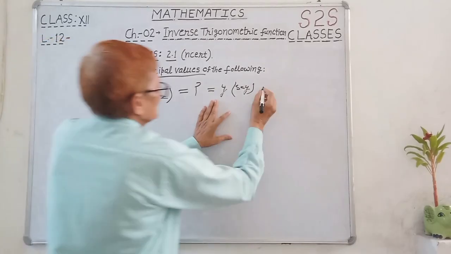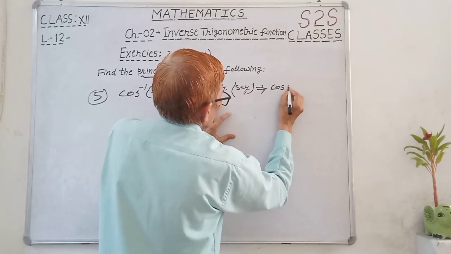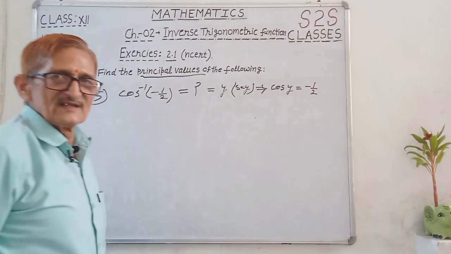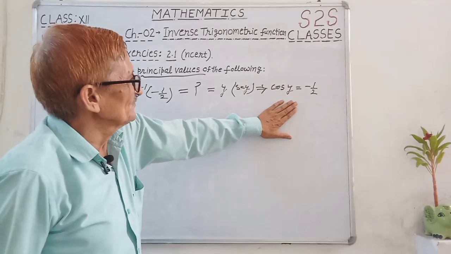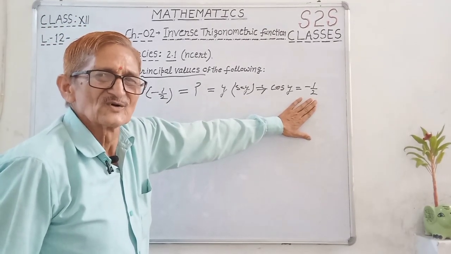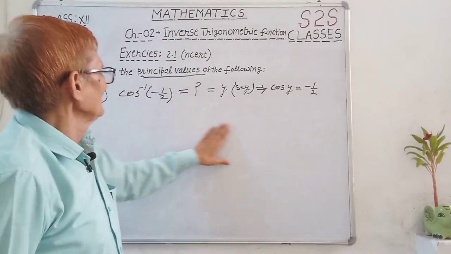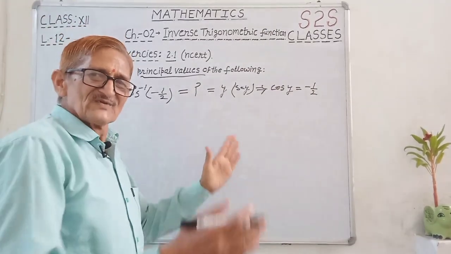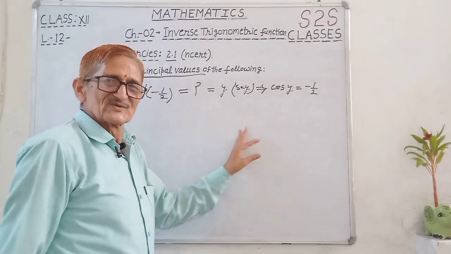So cos y is equal to minus half. See this again: the cos function is negative in the second quadrant, and our y must be in the second quadrant. The branch of cos inverse is such that y must be between 0 to pi, the closed interval.